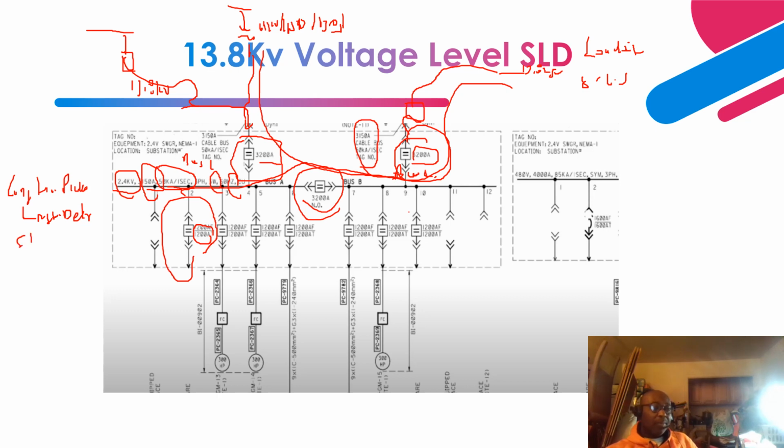Then short time pickup, short time delay, then instantaneous pickup. So this is what they call the solid state trip logic scheme. That helps you to develop your settings for protection.